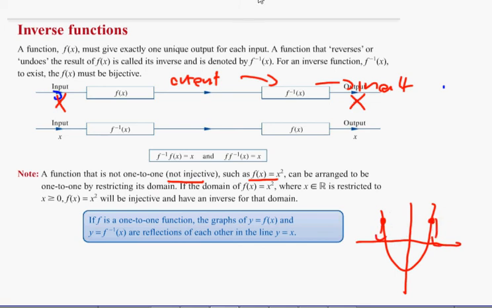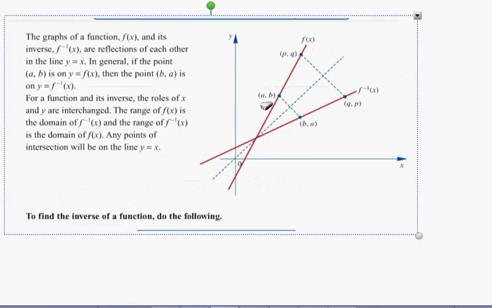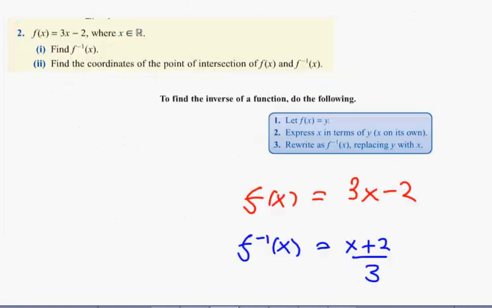What we do is we impose a restriction, and the restriction makes sure it behaves like an injective function, so that each output only has one input. So when we do the inverse function, we get the number we started off with. That's also important. We already know that when we draw it out, the x and y values interchange. We understand that. So that's what all the fancy language is about.